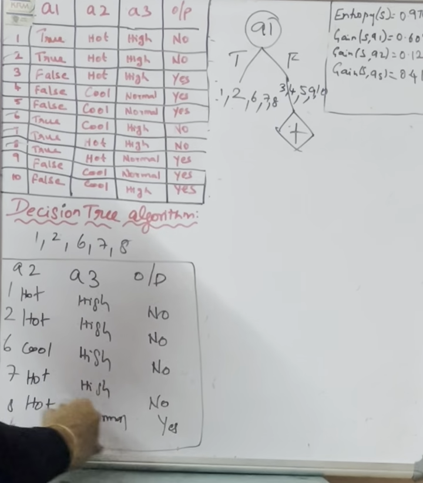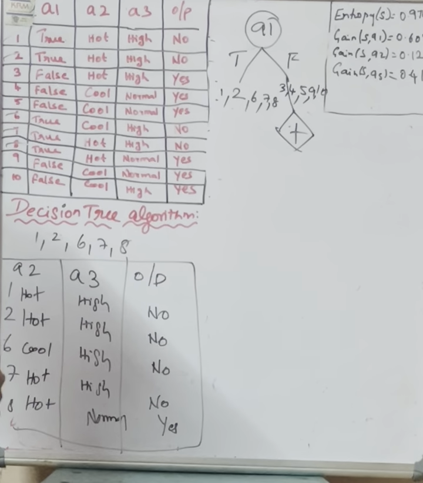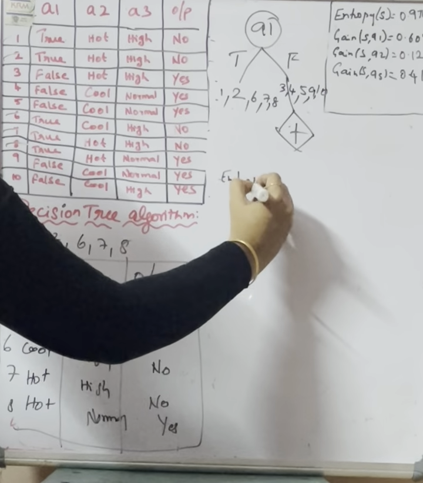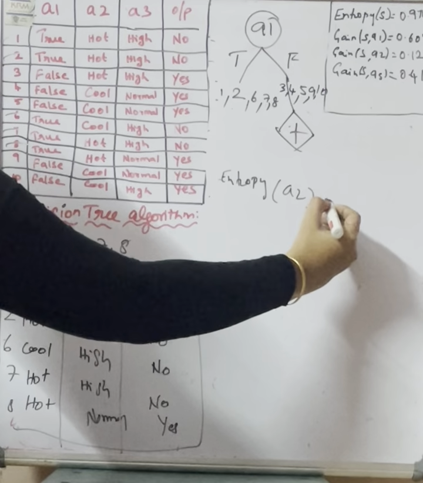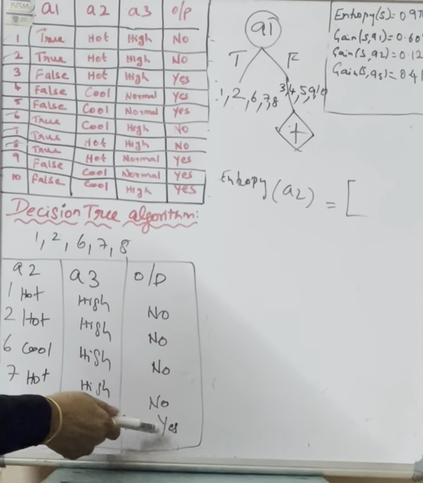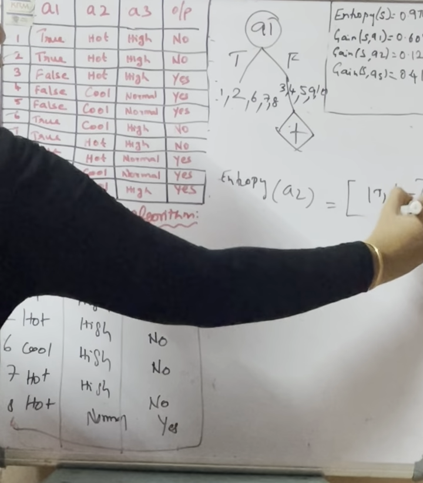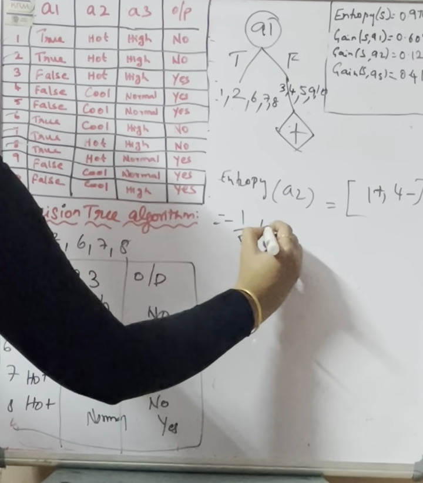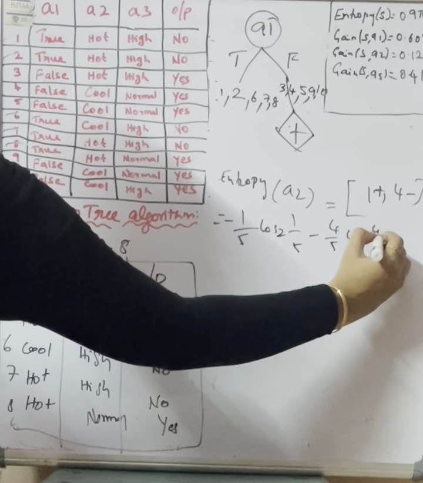From this you have to find the entropy of S. So now if I calculate the entropy for A2, for the whole sample we have 1 positive and 4 negative. So if I apply this, it is minus 1 by 5 log base 2 of 1 by 5, minus 4 by 5 log base 2 of 4 by 5.